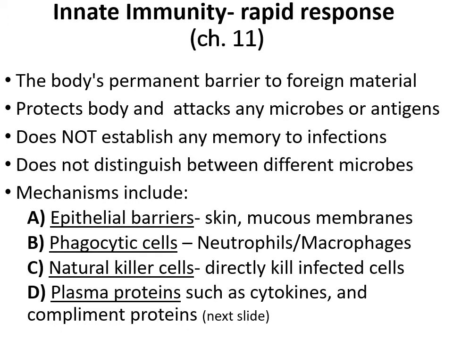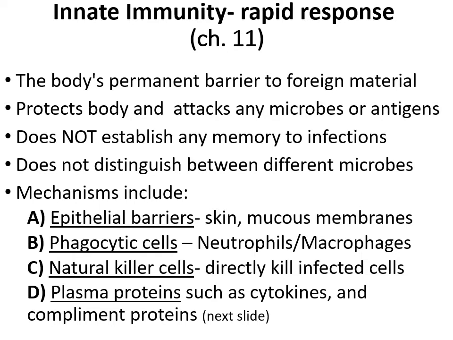And it really doesn't distinguish between whether you had a bacterial infection last week or a splinter in your finger, or whether you have a viral infection. It's just going to respond the same way. Okay?